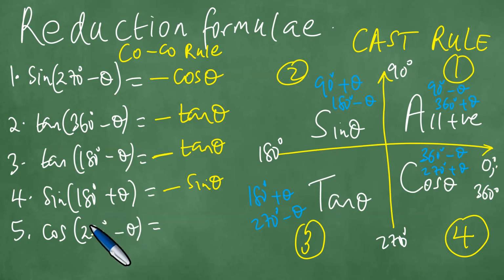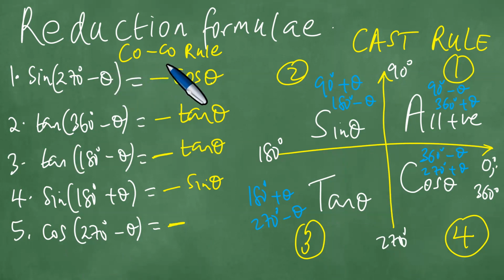But I'm looking at 270 degrees minus theta. In which quadrant is it? What do you think, Perelelo? The third quadrant. In the third quadrant, the only function that is positive is the tangent, so the cosine is negative. Now there is a co-function change at 90 and 270.